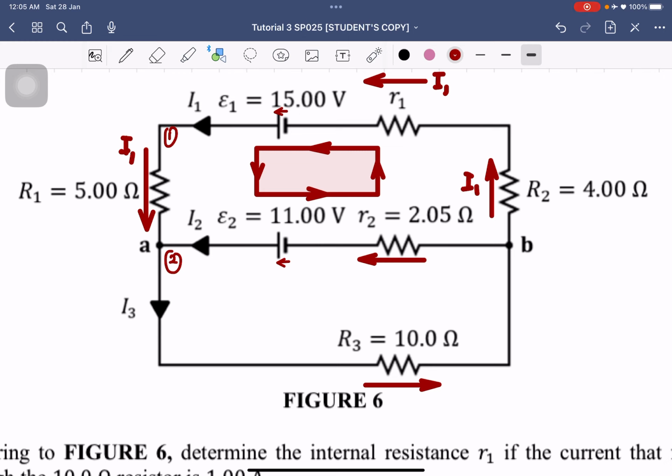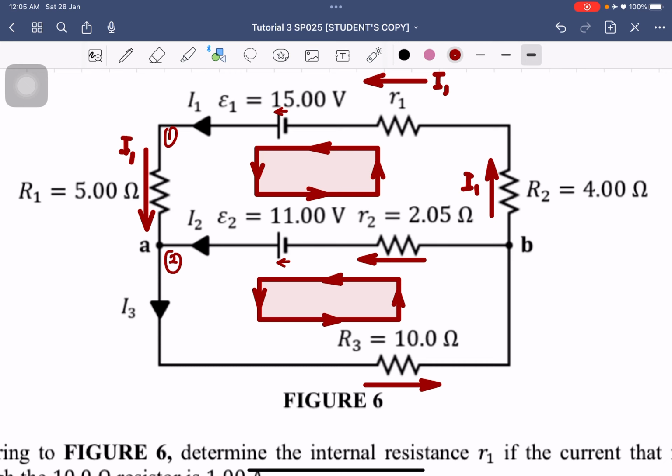For the second loop, let's look at the second EMF. It is also pointing to the left, so it's going to be anti-clockwise as well. This one is pointing down. So we designate the direction of the loop.